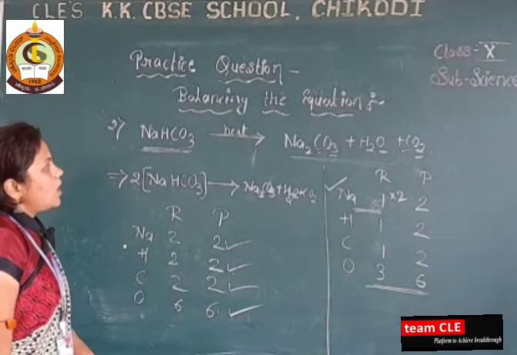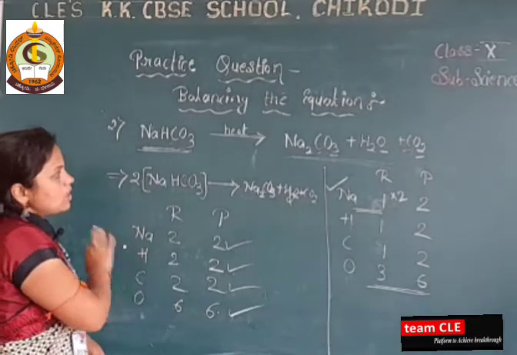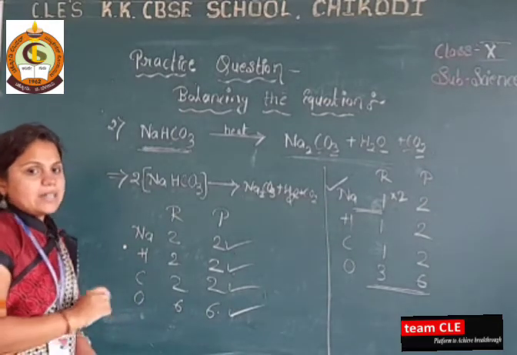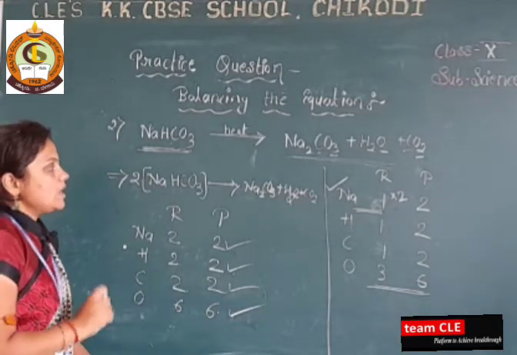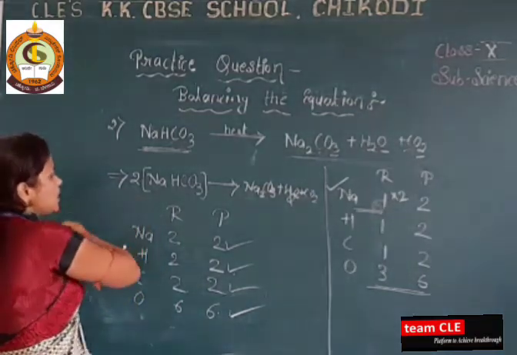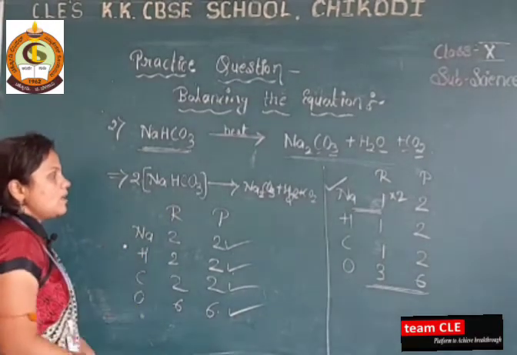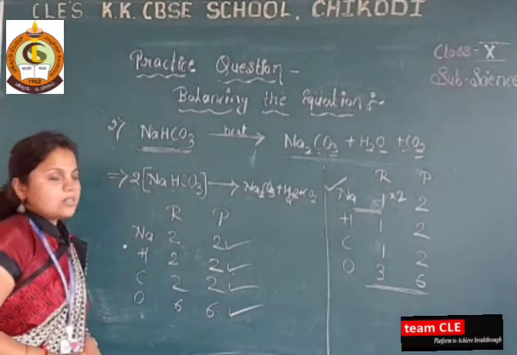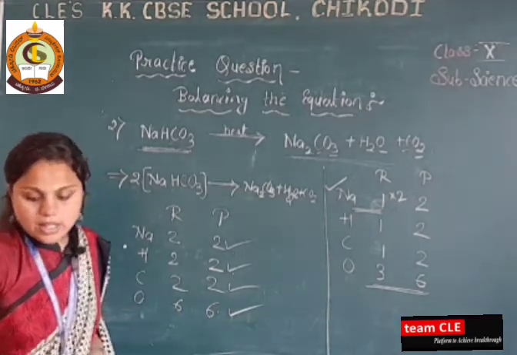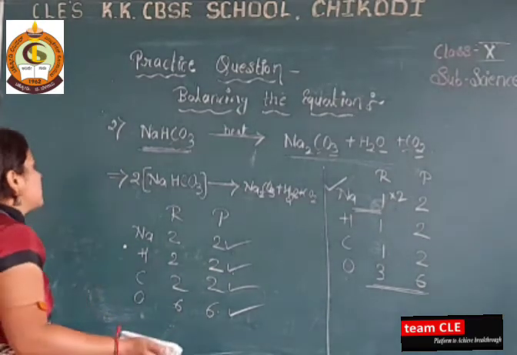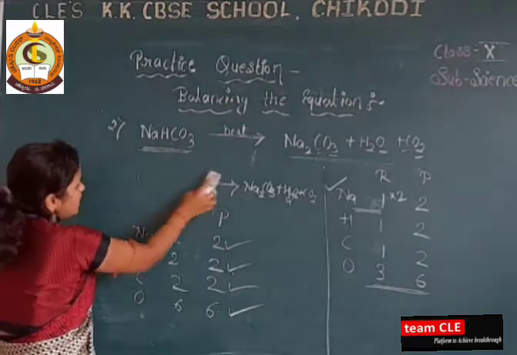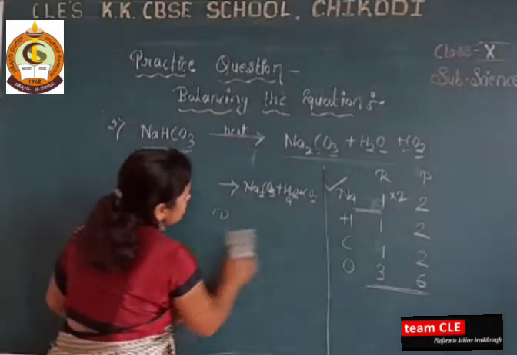I hope there is no confusion related to balancing the chemical equation. It is very easy. Only by multiplying with 2, the first number itself, you got the answer. It is very interesting, no? Okay, let's go for the next question.